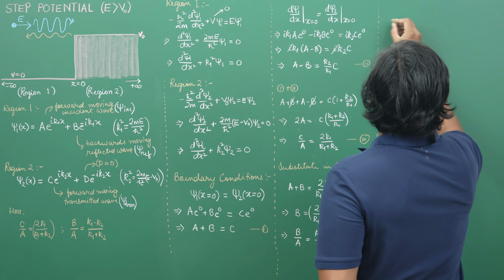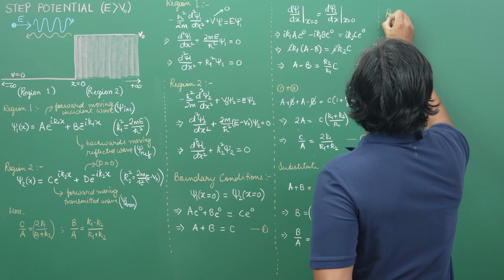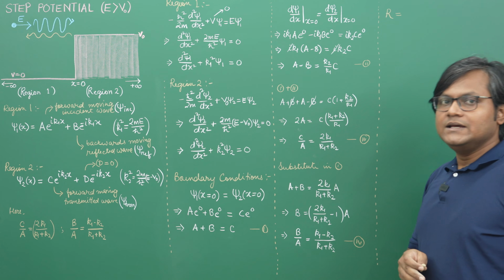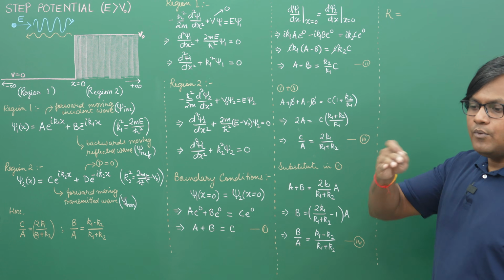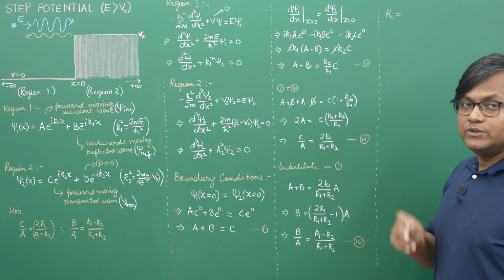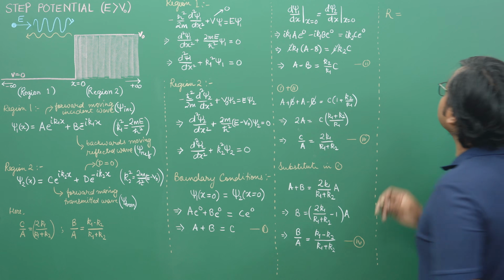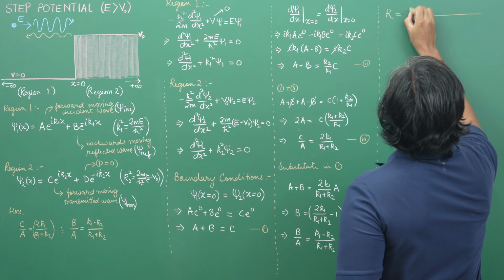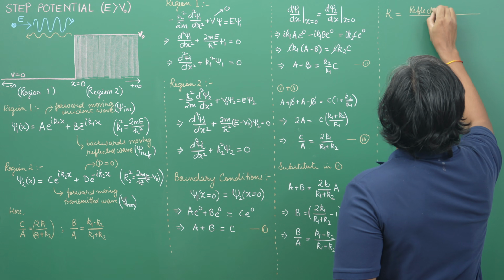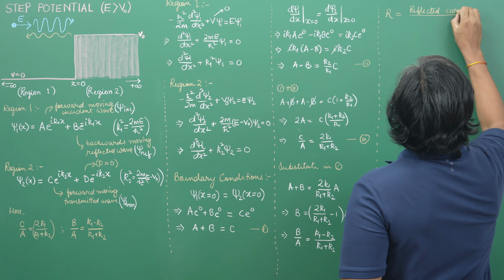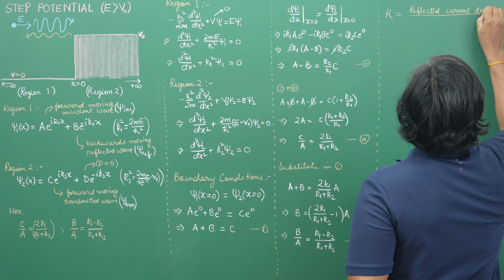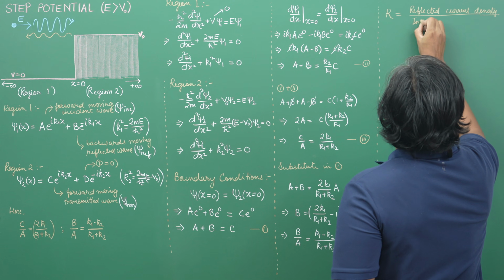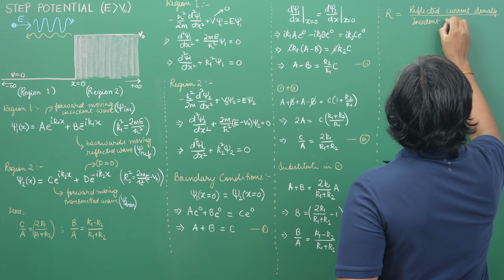So if we want to figure out the reflection coefficient, the reflection coefficient is essentially the probability current density that is associated with the reflected wave upon the probability current density associated with the incident wave. So essentially it is reflected current density upon incident current density.